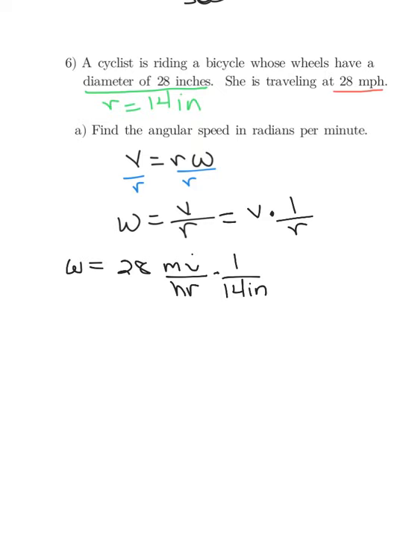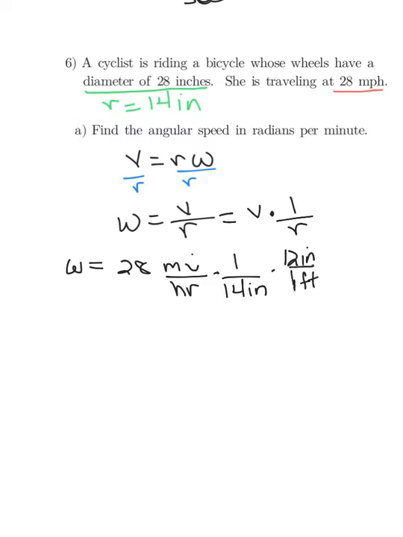We're going to go from inches to feet first. That's a little bit easier. So we know that 12 inches is 1 foot. Currently, inches is in the bottom. So in order to make it cancel, we're going to put it in the top. 12 inches is 1 foot.